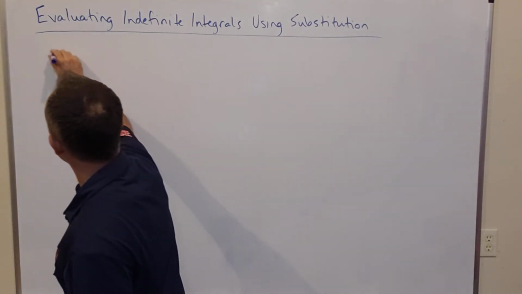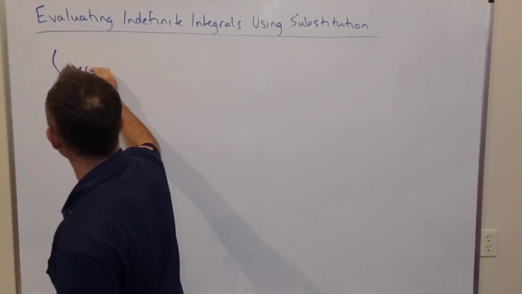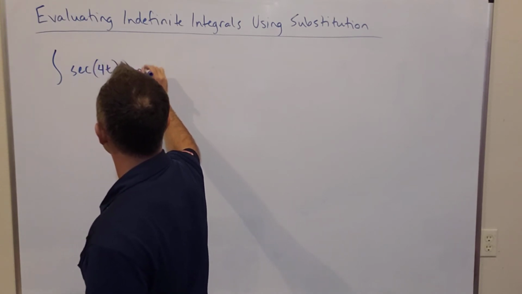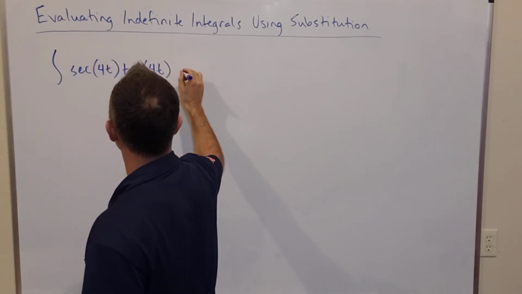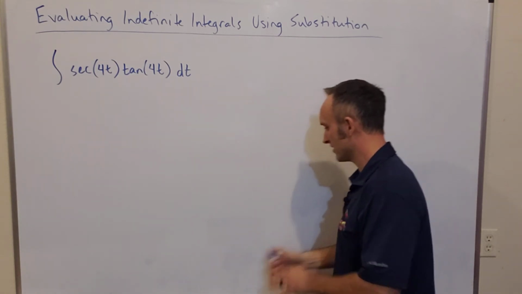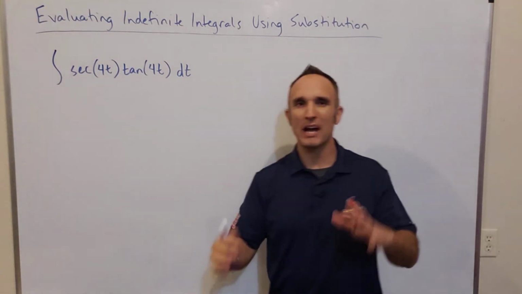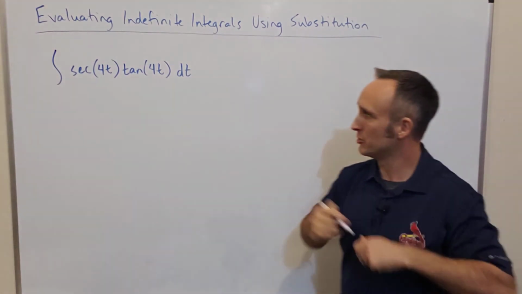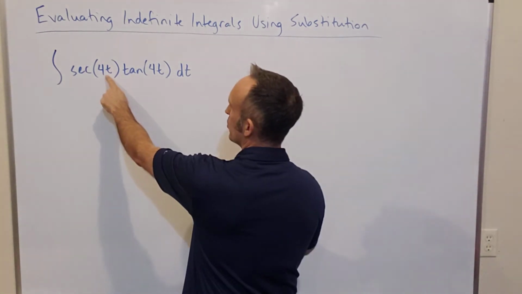Here's a good one. I'll try to build in some trig functions. What about secant of 4t times tangent of 4t dt? So in this case, we know how to anti-differentiate secant tangent. That's a common antiderivative. The problem is this 4t.